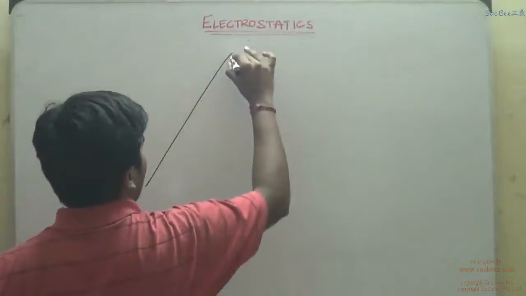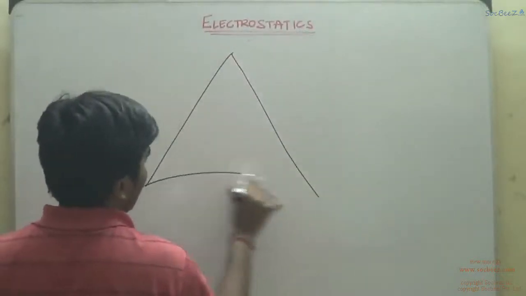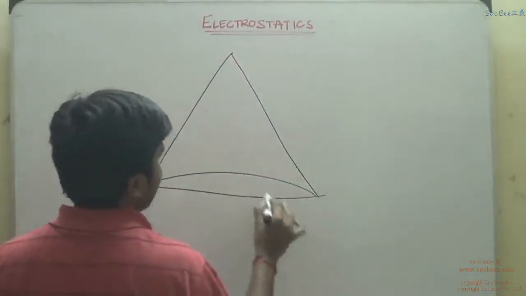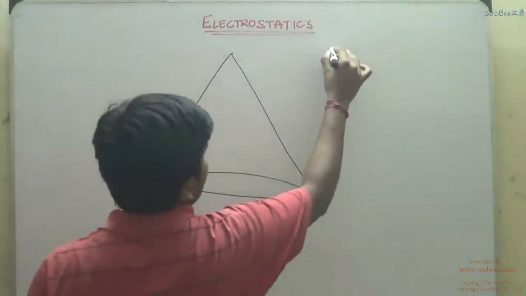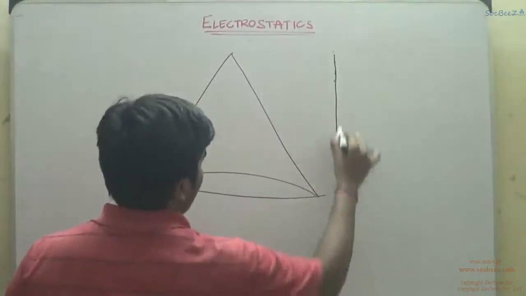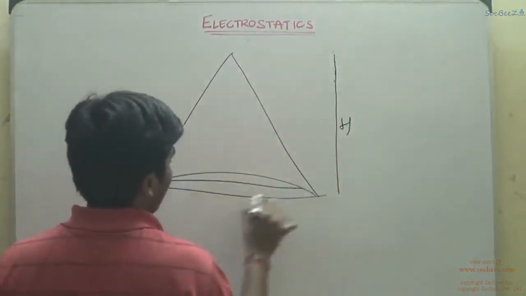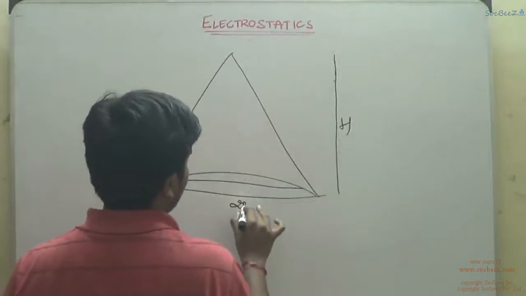So, see, consider a cone of height h and radius r, diameter 2r.